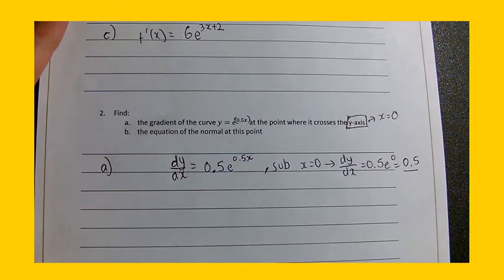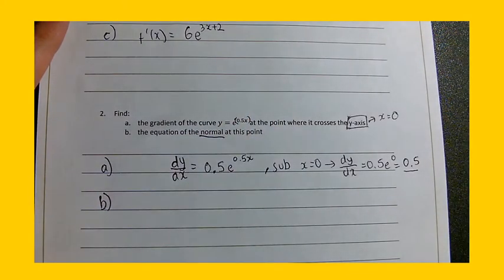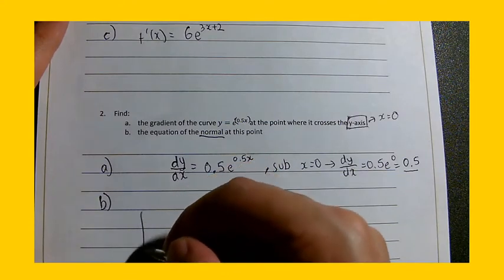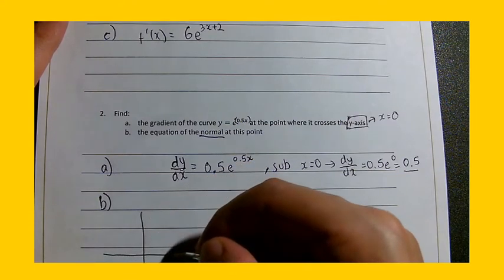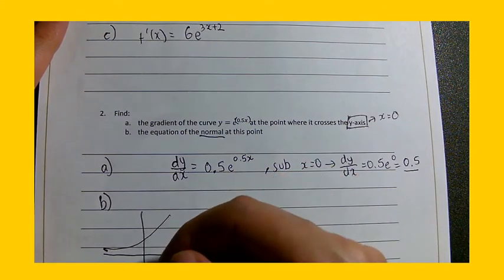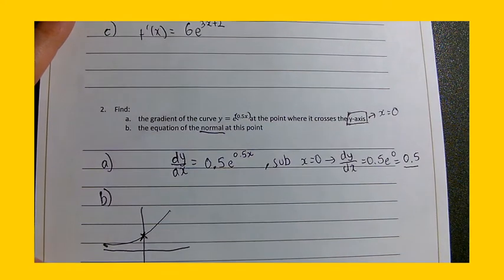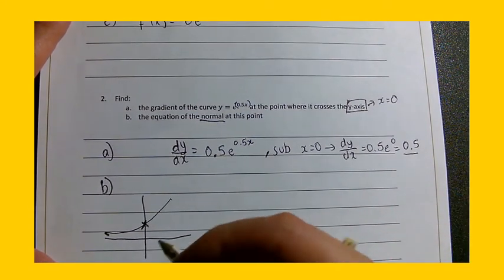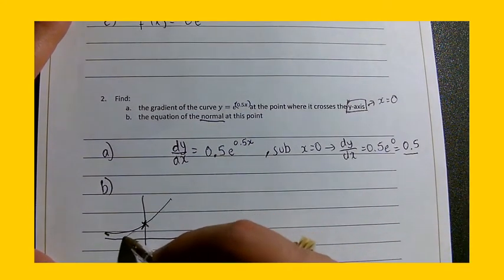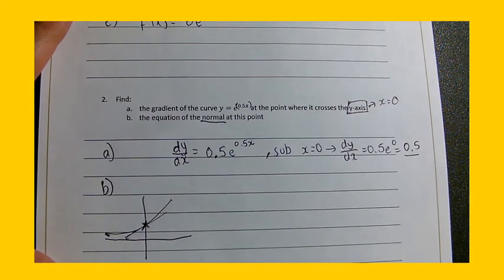Okay? And therefore we need to find the equation of the normal at this point. So let's try and understand this carefully. We've got this exponential. We found the gradient at where it cuts the y-axis. Okay, so I know the gradient, and I know from pure 1 that the gradient at where it cuts the y-axis is also the gradient of the tangent.